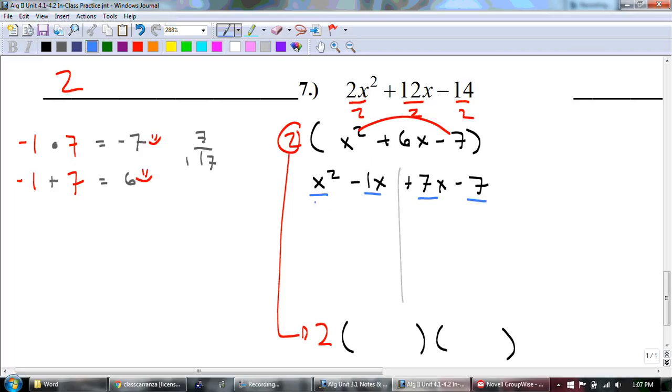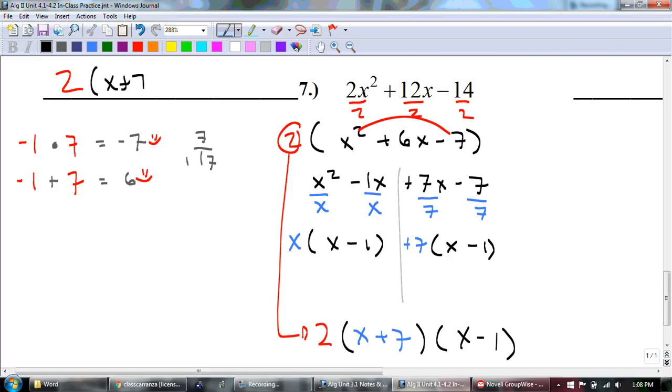The GCF of the first group is an x, and when you're done, you get x minus 1. The GCF of the back group is a positive 7, and when we divide that out, we get x minus 1. And then our other one would be the 2 GCFs, so we got x plus 7. X minus 1 is our final answer.